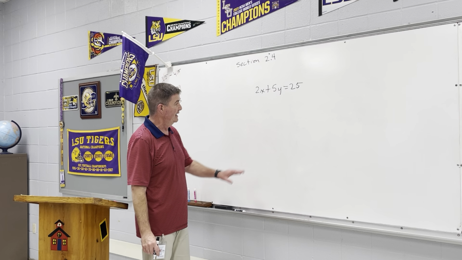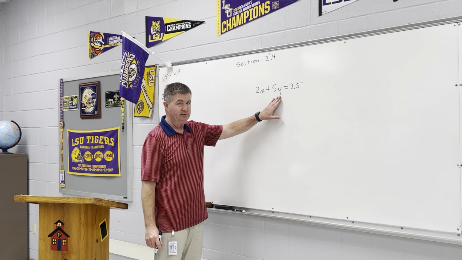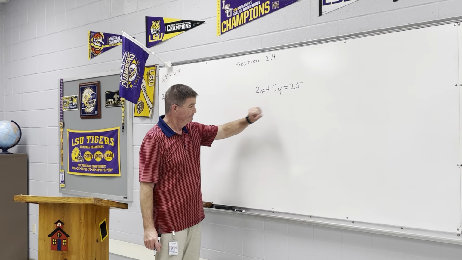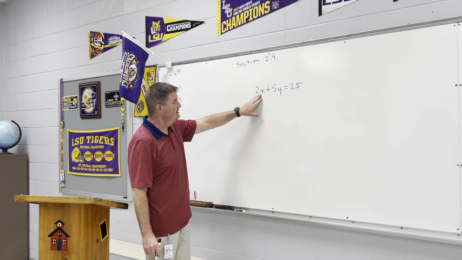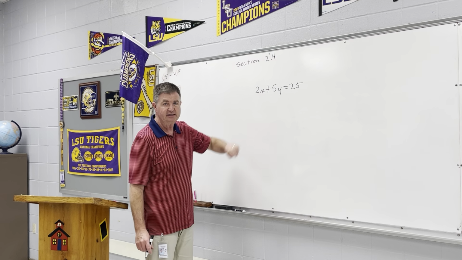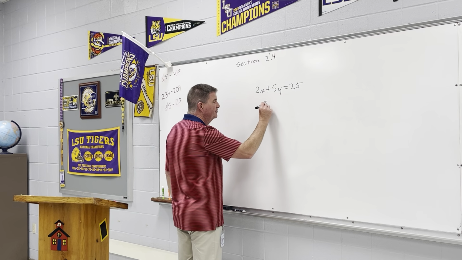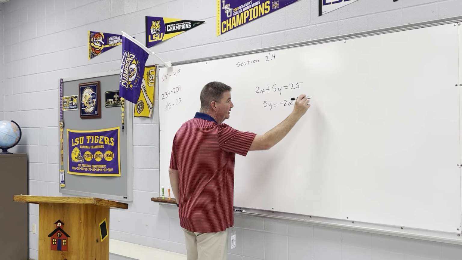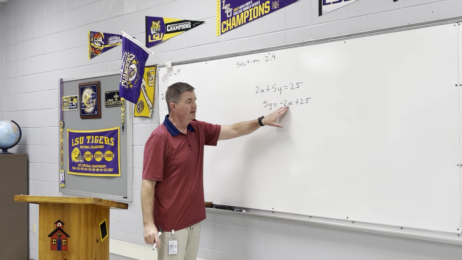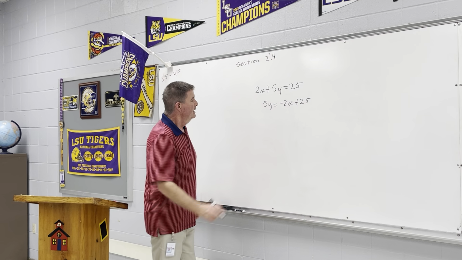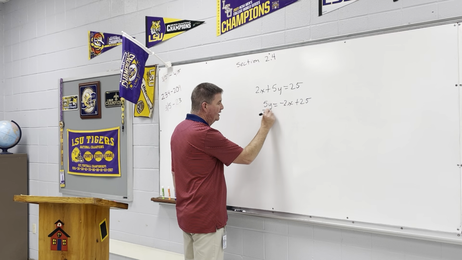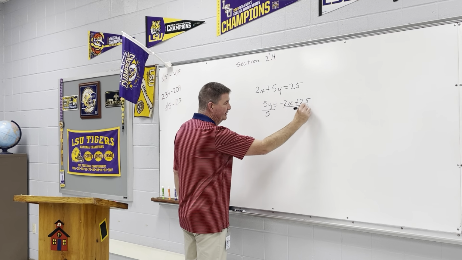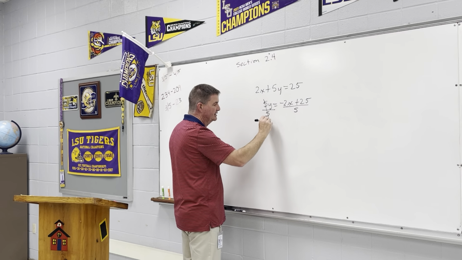In order to do that, we're going to isolate y, because it's y equals mx plus b. We take what's not with the y and bring it across the equal sign. That gives me 5y equals negative 2x plus 25, bringing the 2x to the other side by subtracting it. Now we isolate y by dividing by 5, canceling them out.